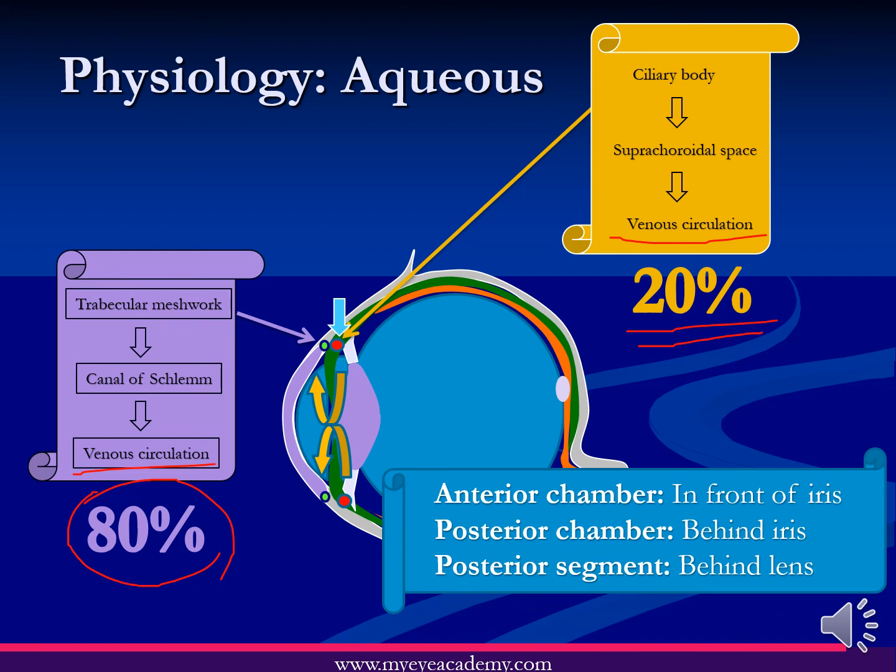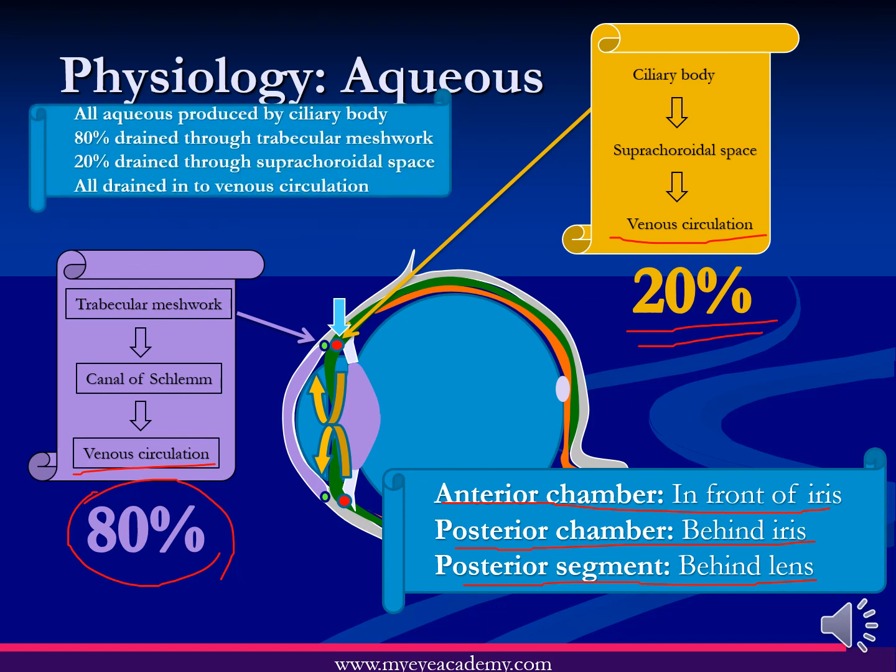The first, the anterior chamber is in front of the iris and the posterior chamber is behind the iris, while the posterior segment is behind the lens. And the second thing you have to remember is that all the aqueous is produced in the ciliary body and all the aqueous is drained into the venous circulation, 80% through the trabecular meshwork and 20% through the suprachoroidal space.